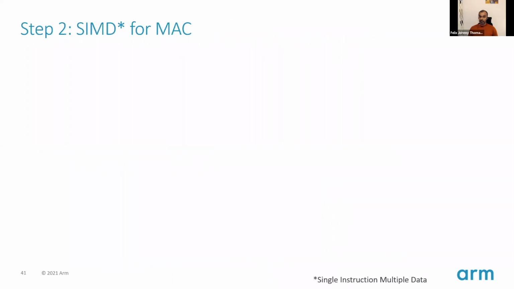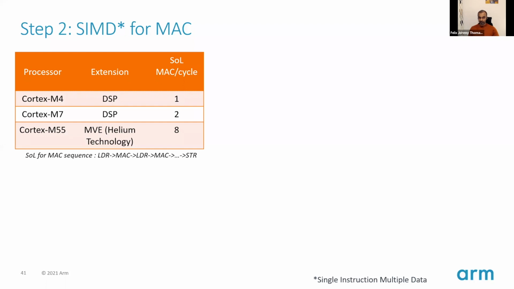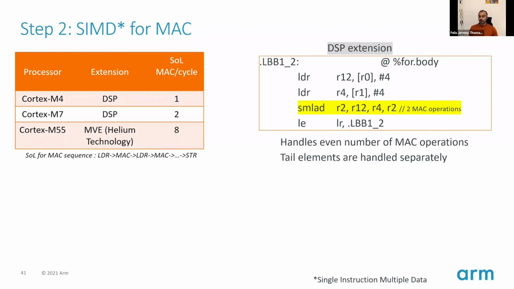So with that in mind, we go into the next step, which is the cycle bound improvement. In this case, we want to use SIMD instructions for the multiply accumulate, which is single instruction, multiple data. This is the table that we saw earlier, and this is a code snippet on how it would look on a Cortex M4 or M7.